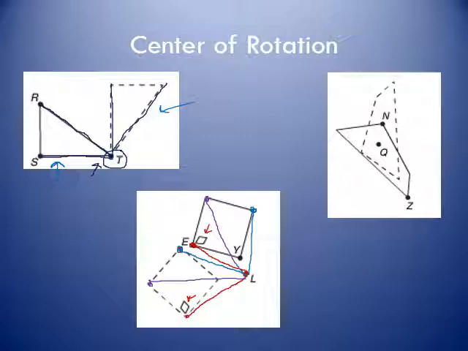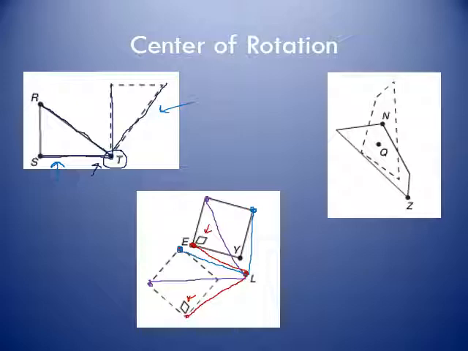So again, if you're not sure what the center of rotation is, pick a vertex on the shape, measure from that vertex to what you think is the center of rotation, and then measure the same vertex on the image, and if it's the same distance, then that is the correct center of rotation.